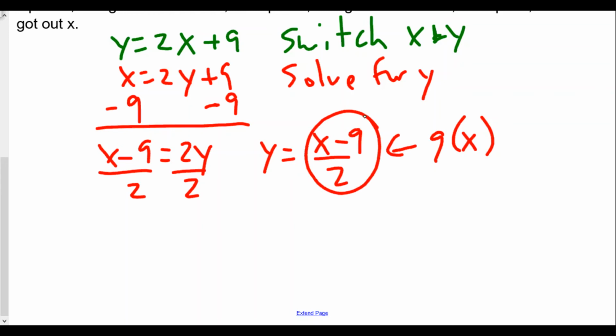So f of x was equal to 2x plus 9, and so g of x is what we call its inverse, if we switch x and y.